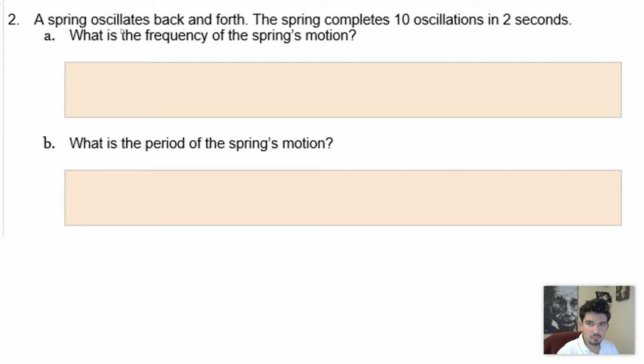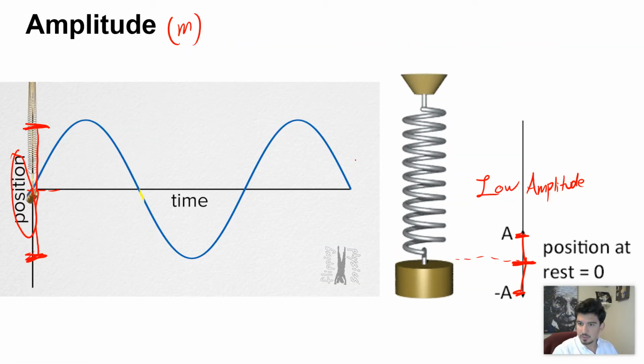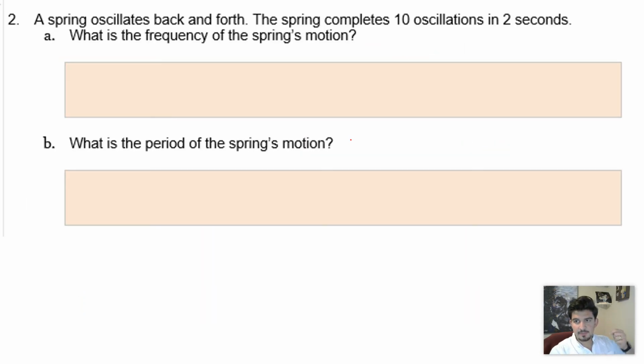So let's say a spring oscillates back and forth. So we're basically talking about this situation right here. And let's say we had our stopwatch with us, and we saw that it went back to where it started 10 times in 2 seconds. So 10 oscillations or 10 cycles in 2 seconds. So question 1 is frequency.